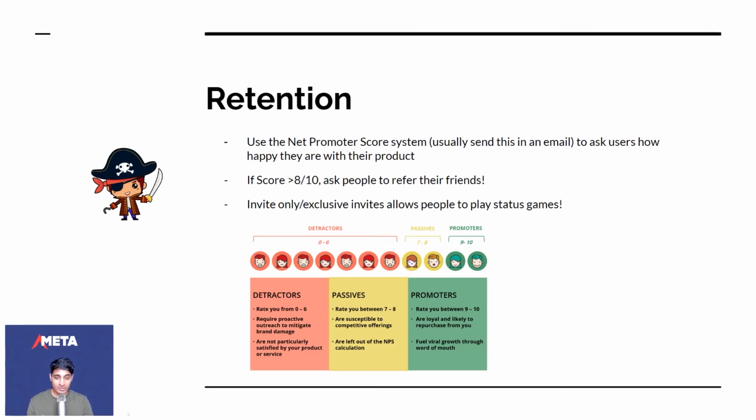Then there are the passives, who will rate you between 7 to 8. They like your product, but they don't mind if a competitor comes and gives them a cheaper product. And usually they're left out of the calculation, right? We don't care so much about them because we are not fully sure which side they're on. They're dicey. Then there are the promoters, right? People who love your product, who are loyal to you, will repurchase and will talk to other people about you.